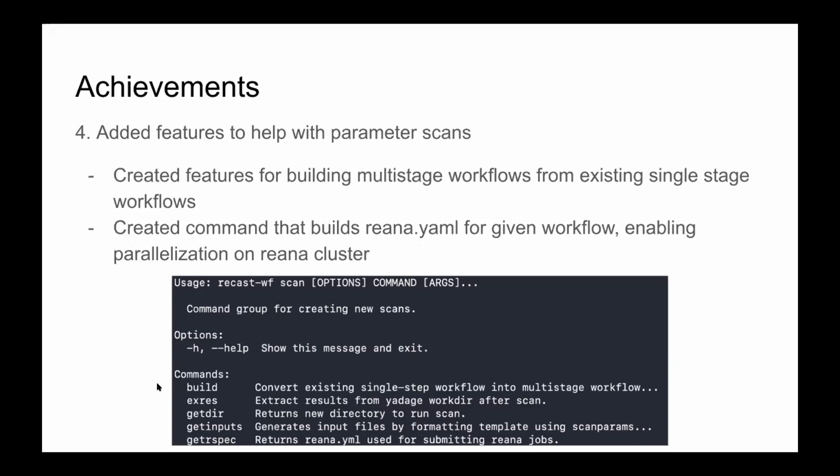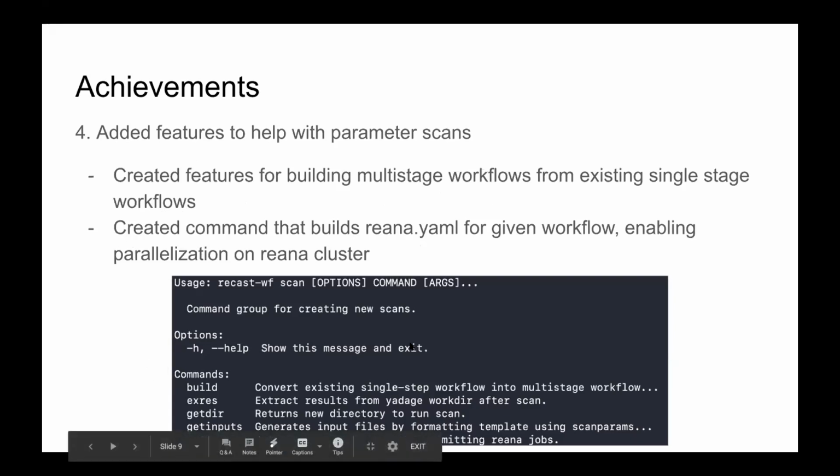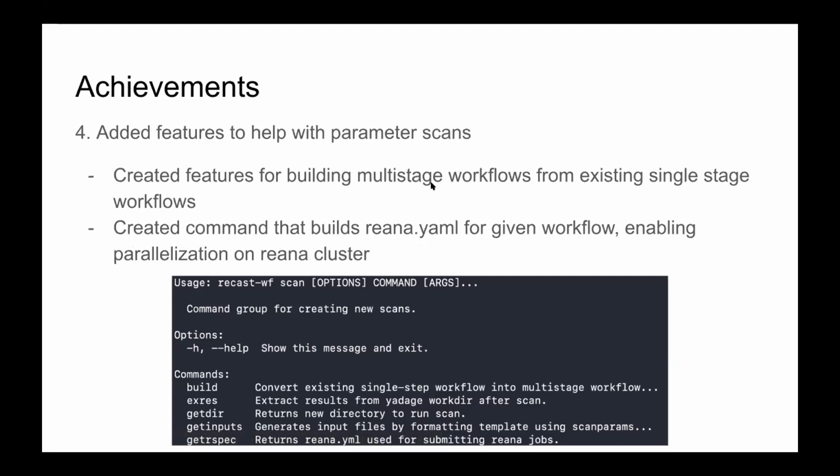This also ties in with Reana. Reana allows you to take these multi-stage workflows and parallelize them, so that one workflow is running on one computer in the Reana cluster, and another workflow is running at the same time on a different computer. This can lead to a very large speed up in how fast we can actually run it.